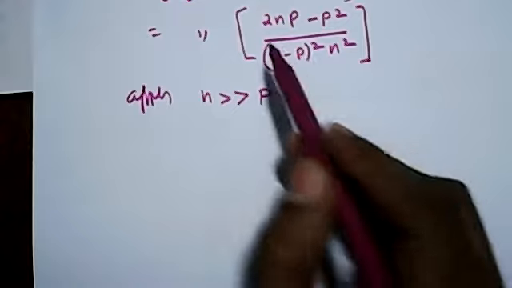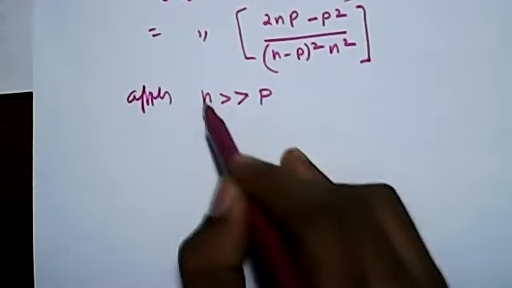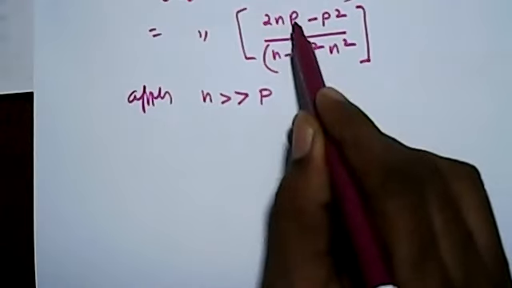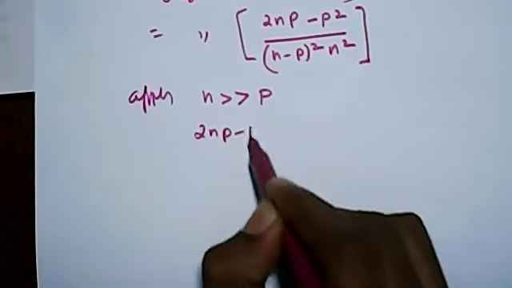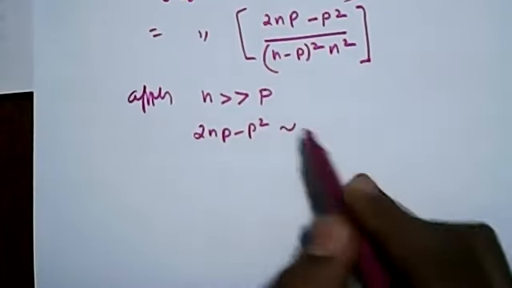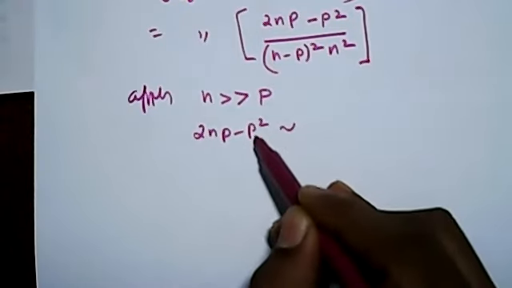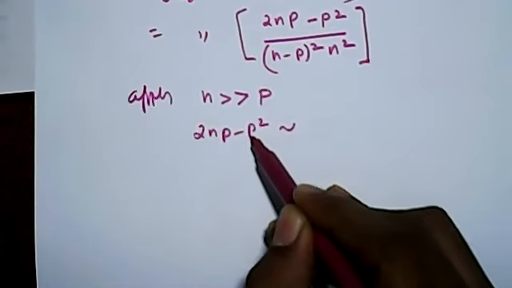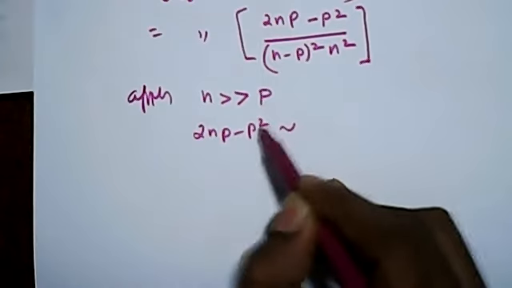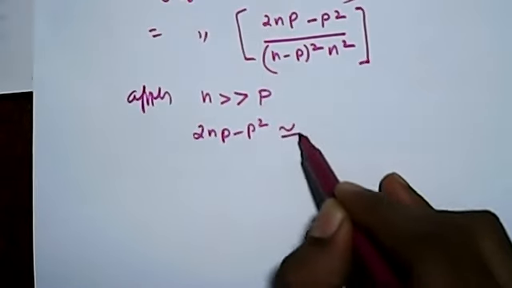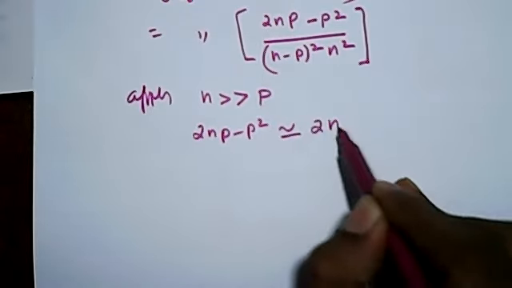So under this condition, what will be the numerator? 2np minus p square. This p square you can neglect because that is very small and n is very large. So this becomes equal to 2np.